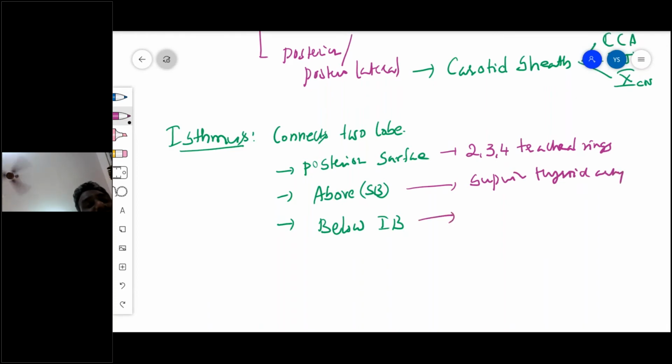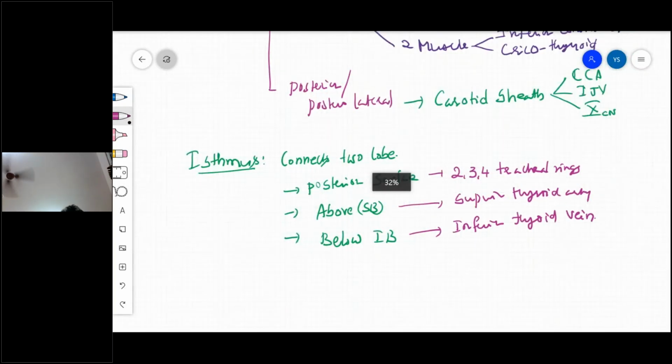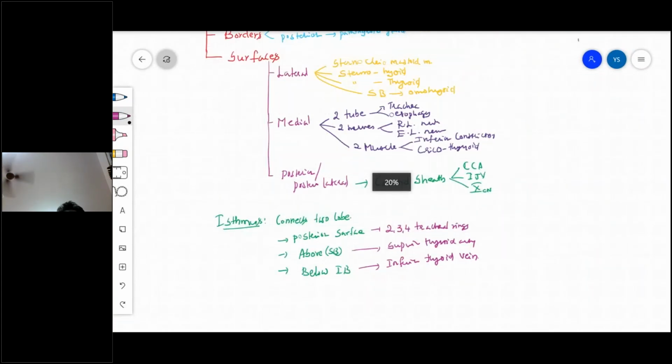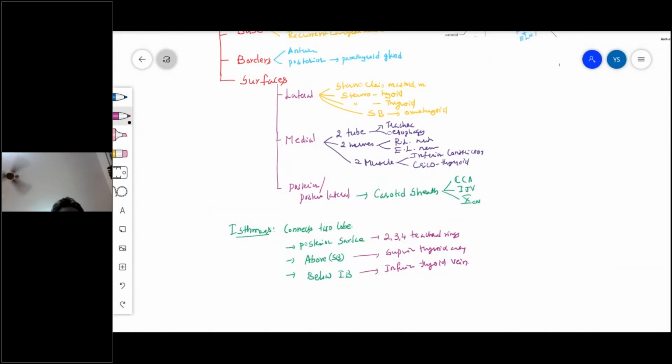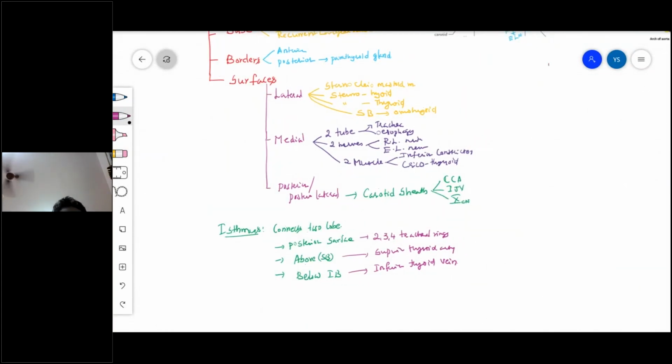Below, usually from the lower border of the isthmus, one vein emerges, called the inferior thyroid vein. These are identification points in the dissection. So this is about the isthmus. Is it clear?